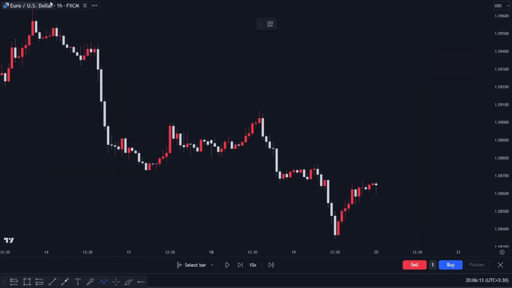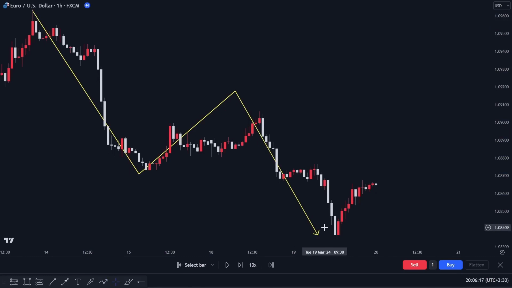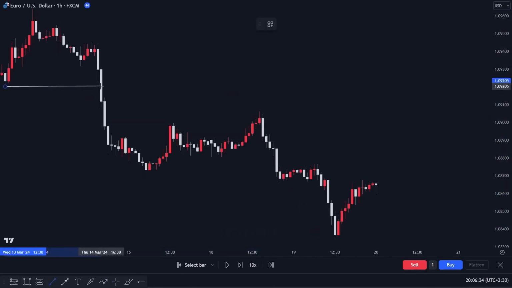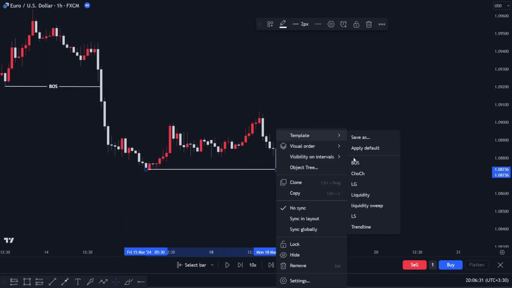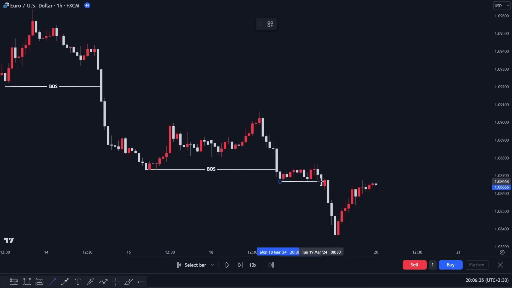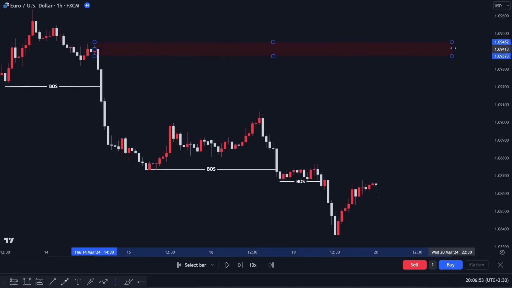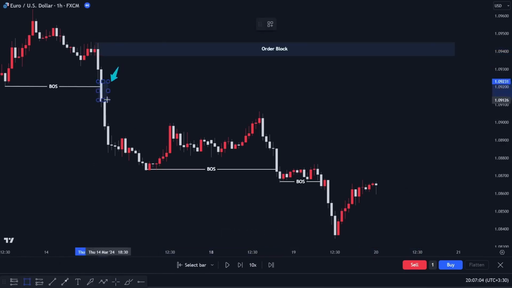We're looking at the EUR-USD 1-hour chart. Currently, the price is in a downtrend, having formed bearish breaks of structure to the downside. At the extreme end, we have an unmitigated order block, resulting from a significant inefficiency in the market.